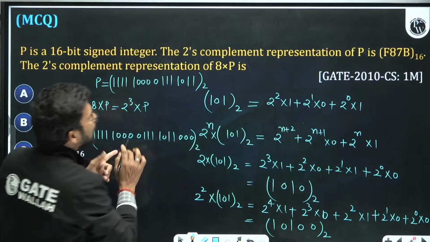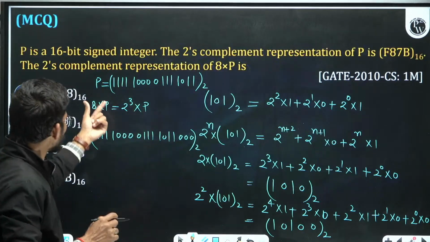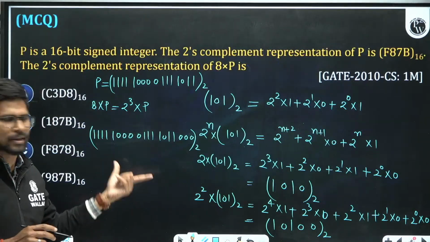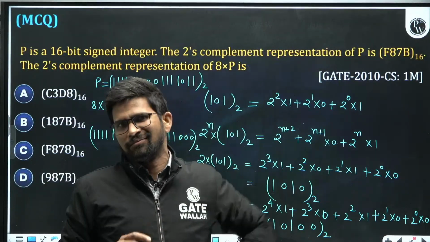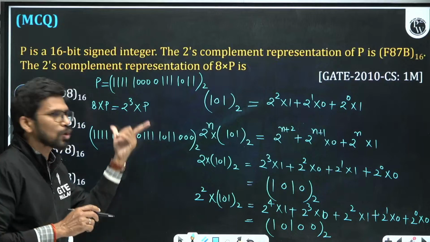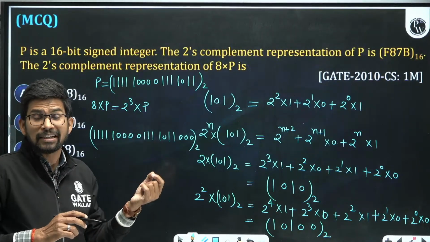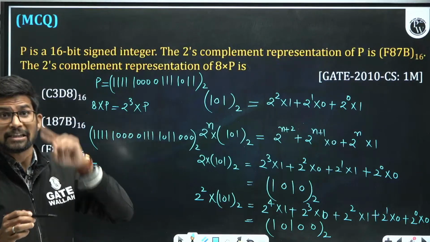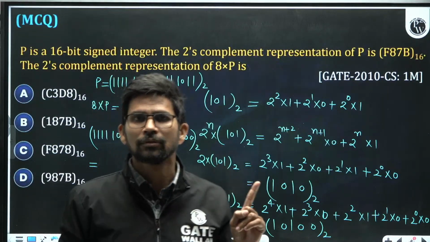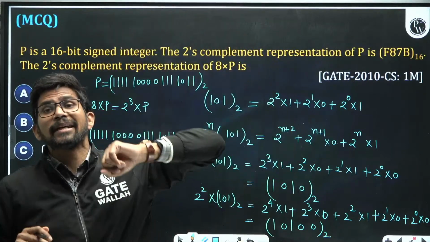This is a signed number. This is a 2's complement represented number. So 8 into P is also a 2's complement number. So I have to represent this in 16 bits. And you know that copying the MSB to the left of the MSB will not change the result in 2's complement representation.